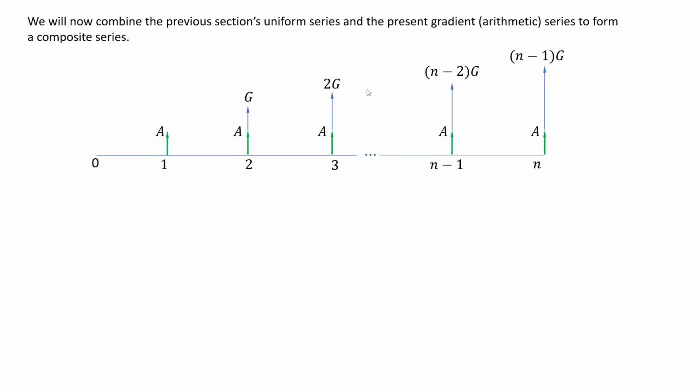Look at the pattern. At 2, we have a 1G. At 3, we have a 2G. At 4, we have a 3. So would you agree? At n, we should have a n minus 1. As simple as that. Pattern recognition. Okay.